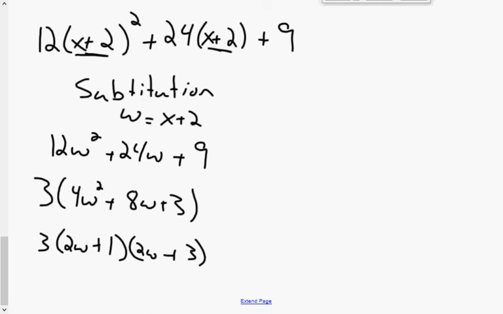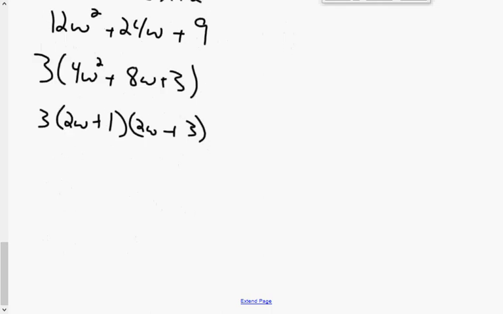All right, now that I've factored it down, I take this and I plug the X plus 2 back in. These are a little bit more work.